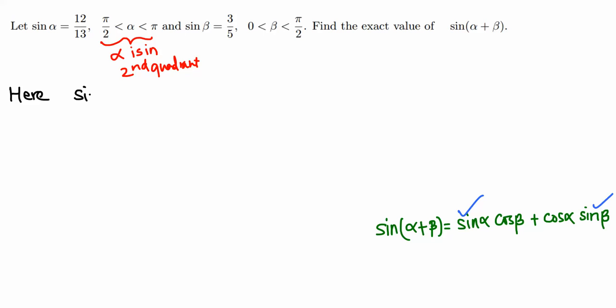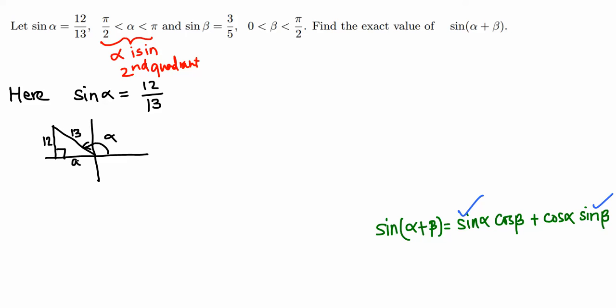Here sine alpha is given by 12 over 13, and alpha is in the second quadrant, so let's draw alpha somewhere here in the second quadrant. And we know sine is opposite over hypotenuse, so if we draw a right triangle, this is adjacent, this is opposite, this is hypotenuse, a, b, c.